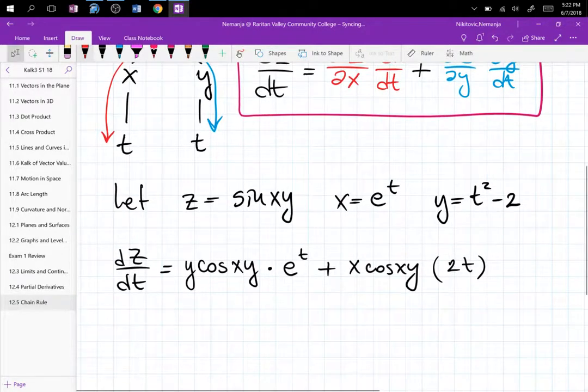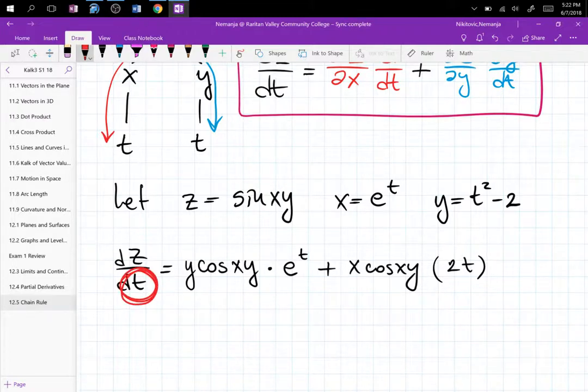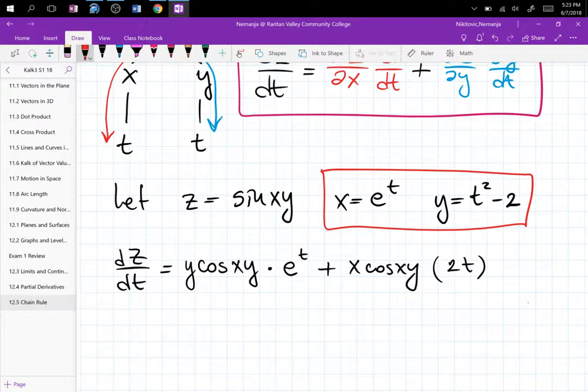Are you done? No. Your question is asking you to provide the answer in terms of t. What do you have? A whole bunch of x's and y's that all have to go away. And the way to get rid of them is to use the conversion between x's and t's, and y's and t's.